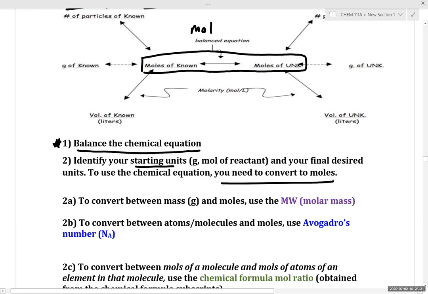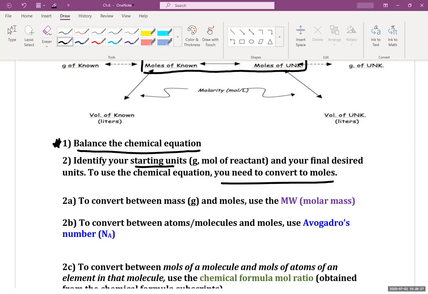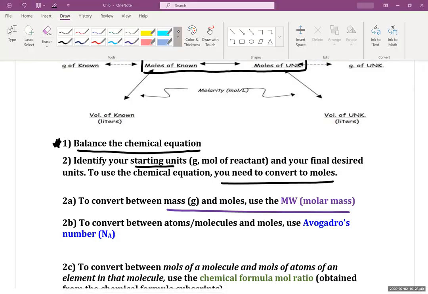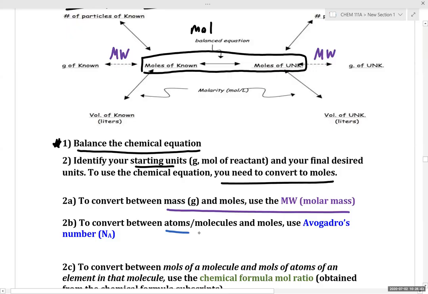That should be your first goal in any stoichiometry problem. Now, to showcase all the different conversion factors: to convert between mass and moles, you use your molar mass or molecular weight. To convert between atoms or molecules and moles, you use Avogadro's number.